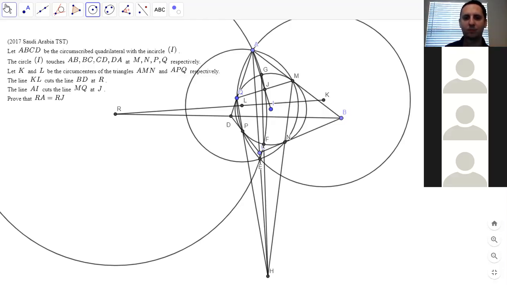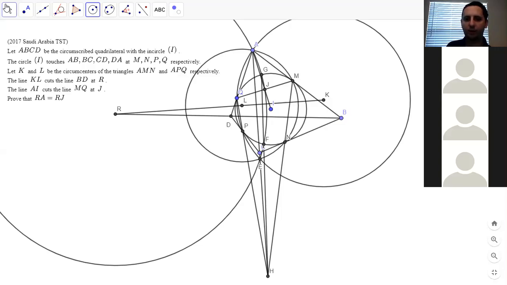And then comes the orthogonality. So RG and RF should be the tangents, and if they are, then they should concur. That makes sense. So we know that H lies on the polar of R with respect to the incircle. So basically, if we know H, F, and G are collinear, yeah, I kind of see what you're saying.